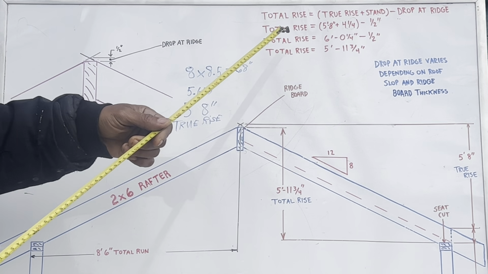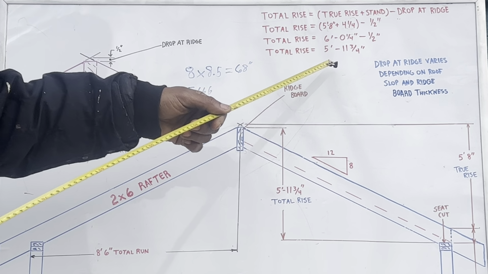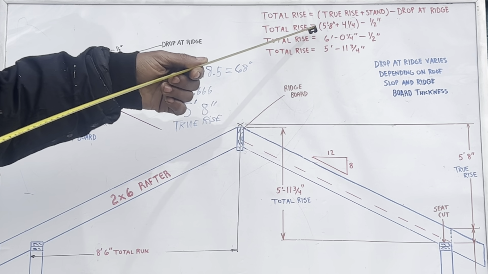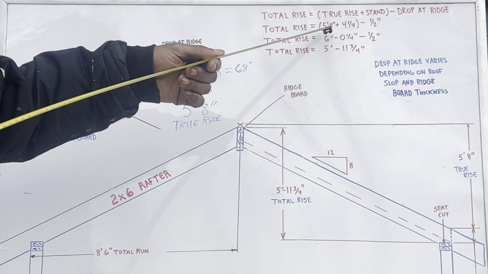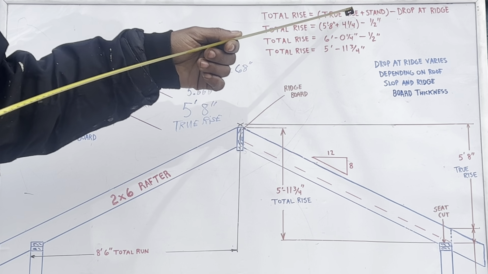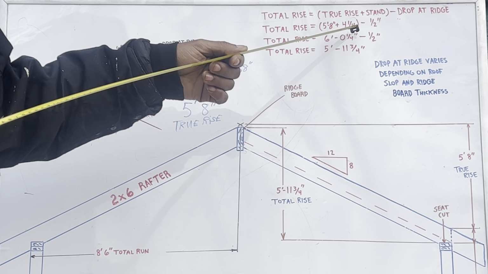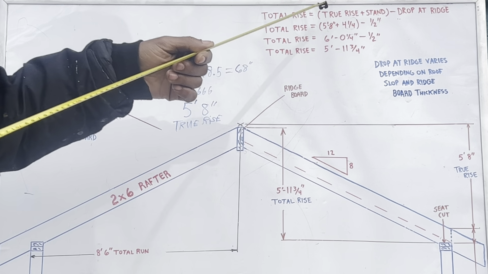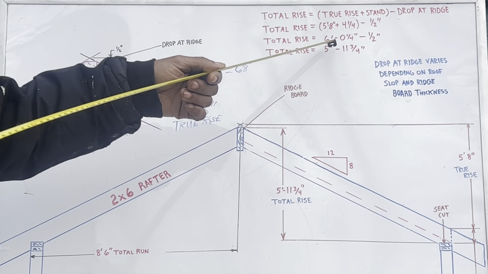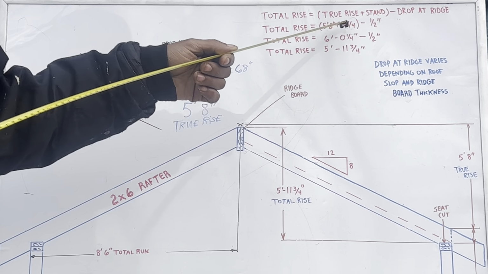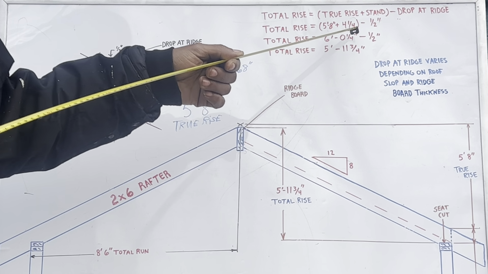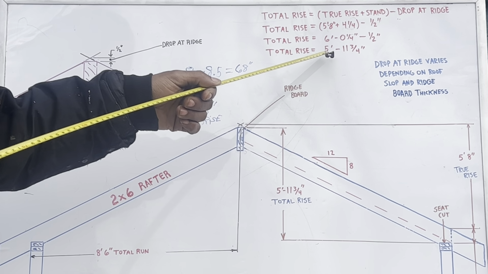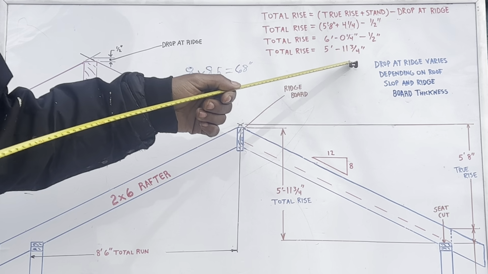Okay, let's move on. Let's go back up here. So we got the total rise. Total rise equals 5 foot 8 inches plus our 4 1/4, which is the stand, minus a 1/2 inch. Come on down here, total rise. Once we added these two together, we got 6 foot and a quarter, minus a 1/2 inch. Now the total rise is 5 foot 11 3/4.